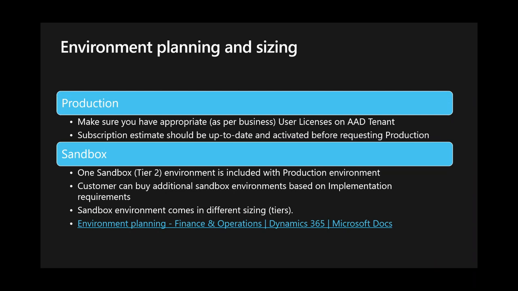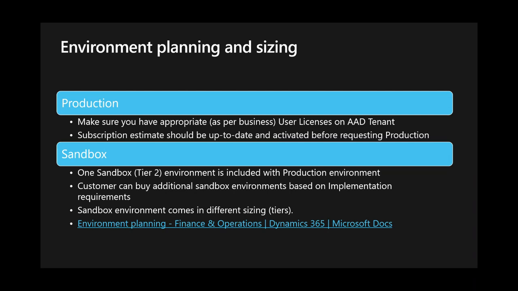What we are covering here is environments you will get as part of license procurement. You will get a production environment. Once you complete your UAT, performance testing successfully, and based on the active subscription estimator with the transaction volume and your license count, your production will be sized.